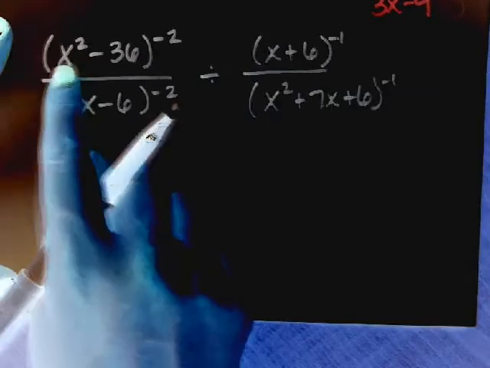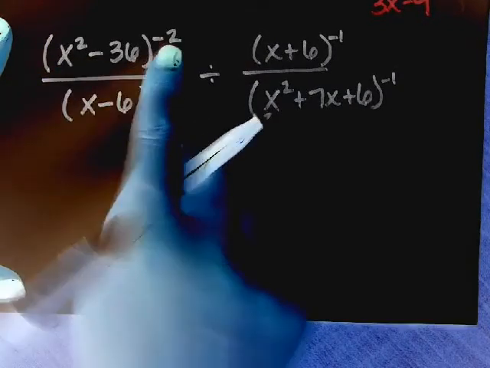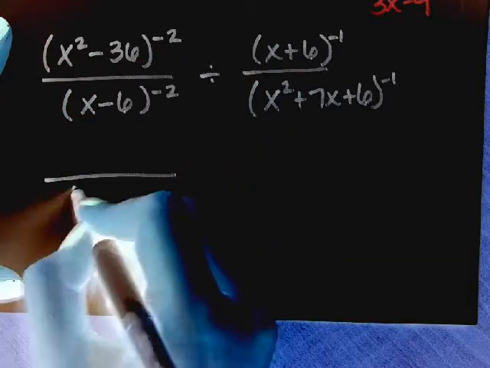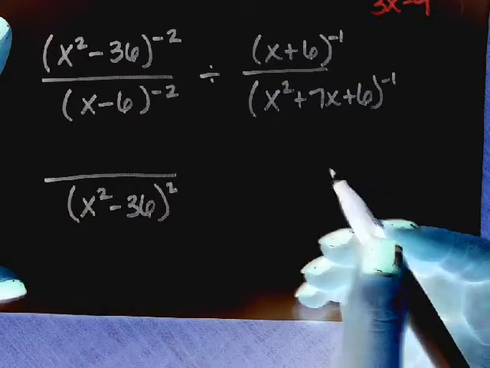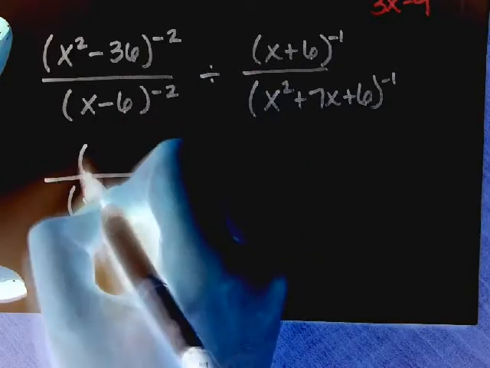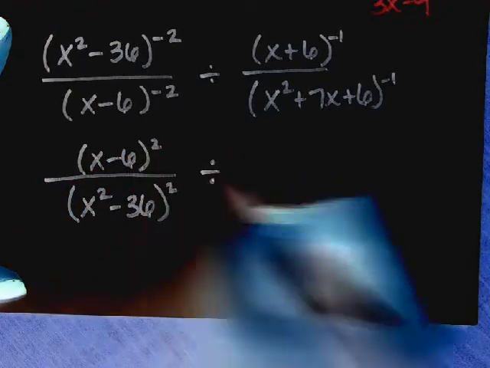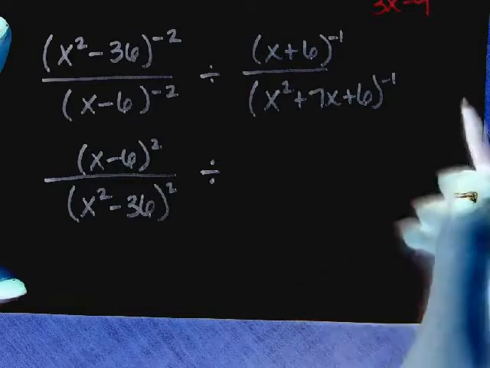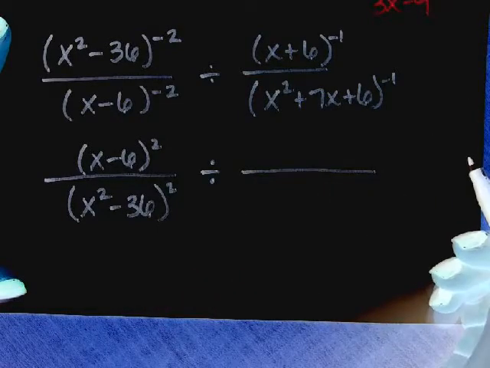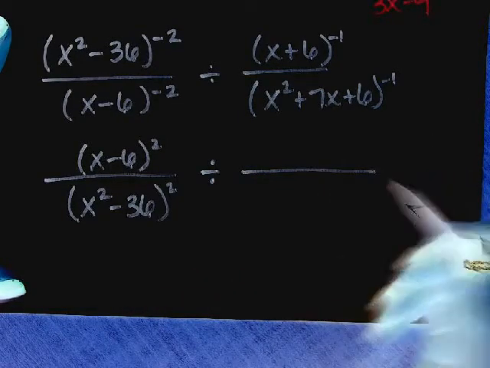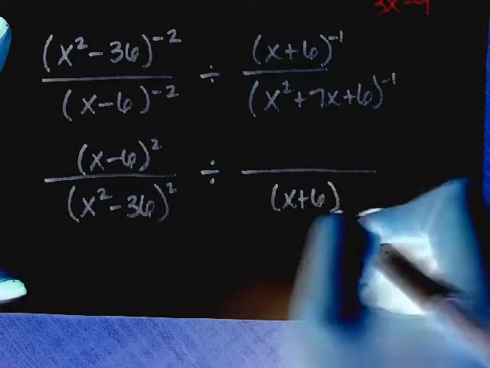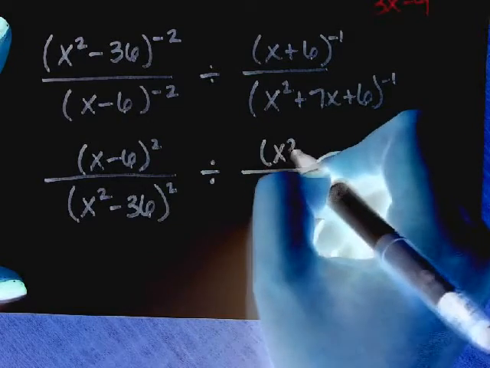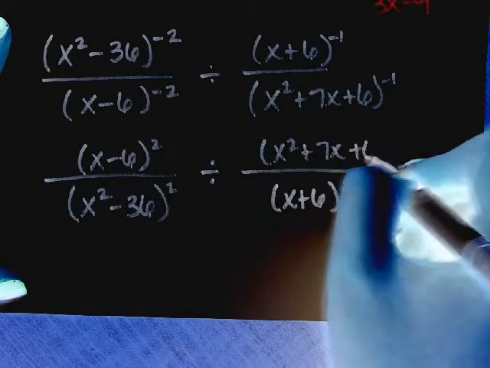So the x squared minus 36 to the negative 2 needs to move to the bottom, so x squared minus 36 to the positive 2, and then the x minus 6 to the negative 2 has to move to the top, positive 2. I'm not doing keep, change, flip yet, because all of that at once would confuse me. So all I'm doing right now is fixing those negative exponents. So x plus 6 to the 1, x squared plus 7x plus 6 to the 1.